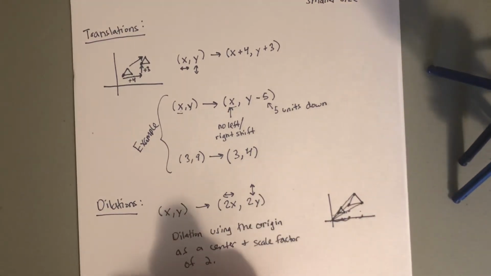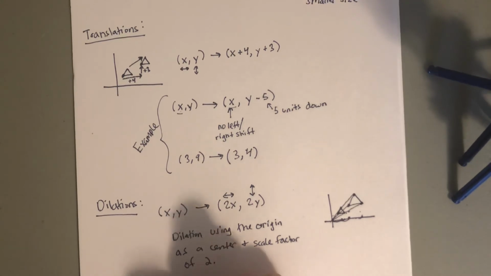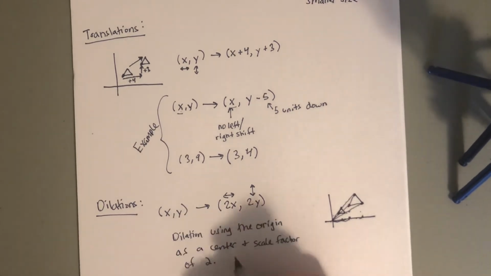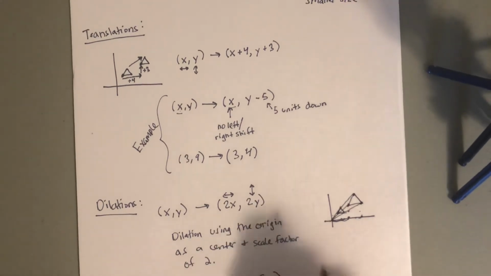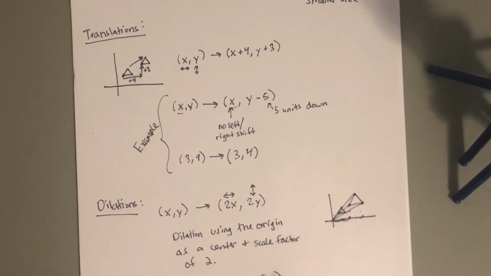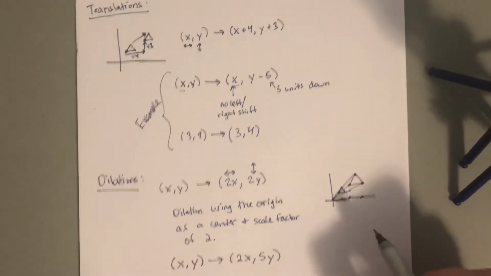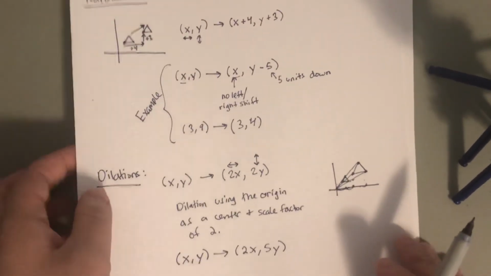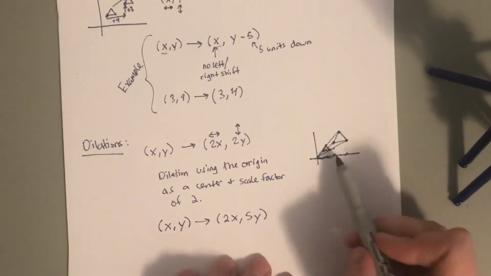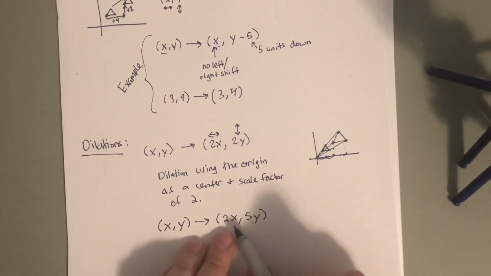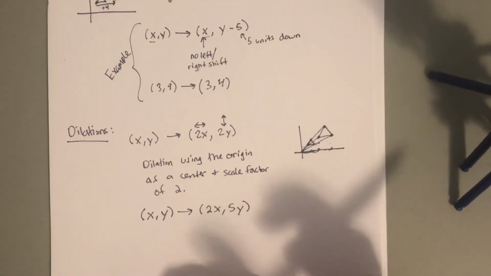Now, one thing you have to watch out for is, let's say you have something that looks like this. This is not going to be a dilation because this just doesn't take the shape and make it bigger. This is going to take the shape and actually change the shape of it.